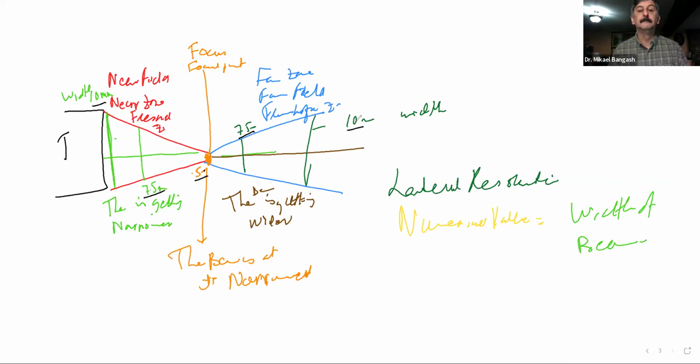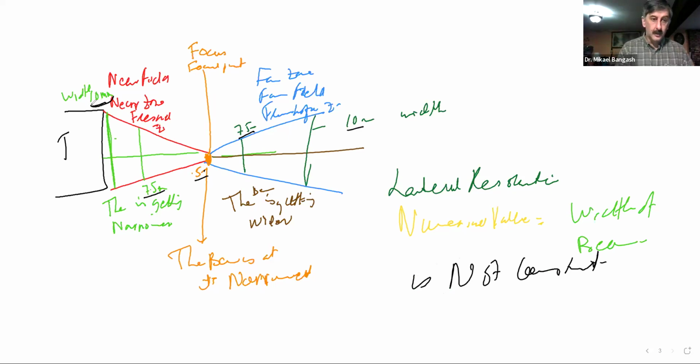So if the width of the beam keeps on changing as the beam travels deeper and deeper, your lateral resolution's numerical value is not constant.